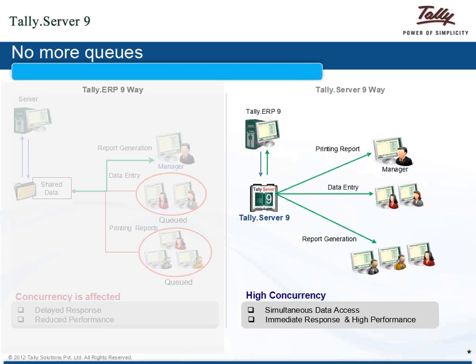The comparison between Tally.ERP 9 and Tally Server 9: in Tally.ERP 9 the data is shared in a network and the data is accessed on a single threaded application, and the concurrency in Tally Server 9 is high because the data is shared using a server component called Tally Server 9 on a multi-threaded application.